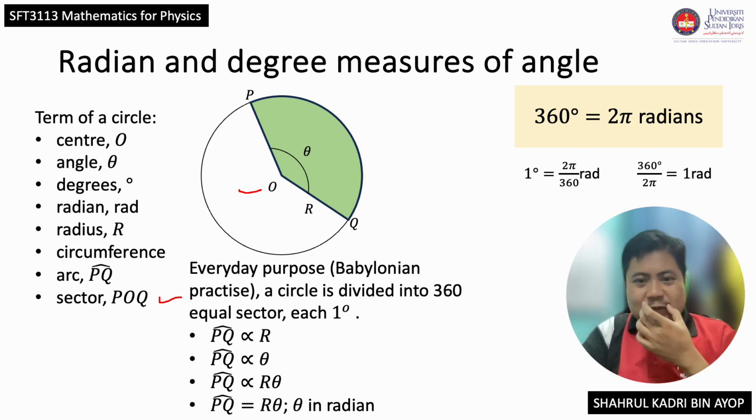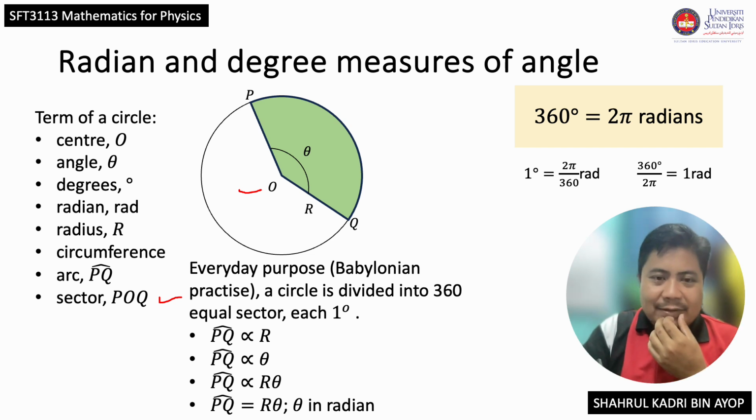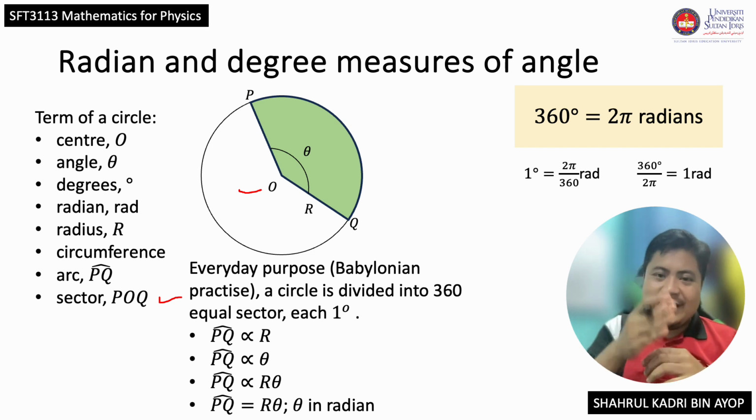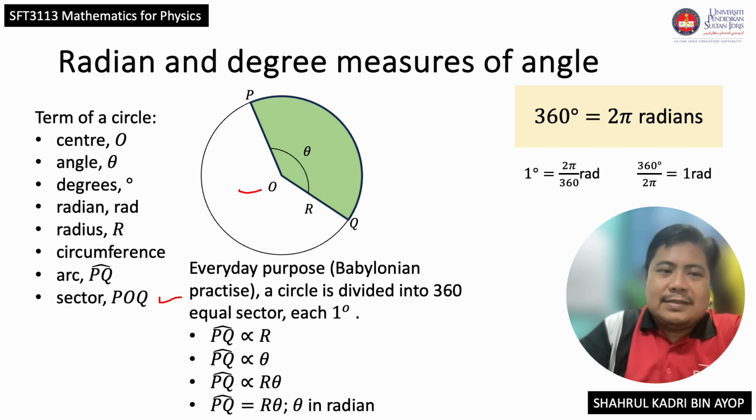And this angle, usually in the Babylonian practice, they divide one circle into 360 pieces, where one piece is equal to 1 degree. So that is the measurement of angle in degrees.